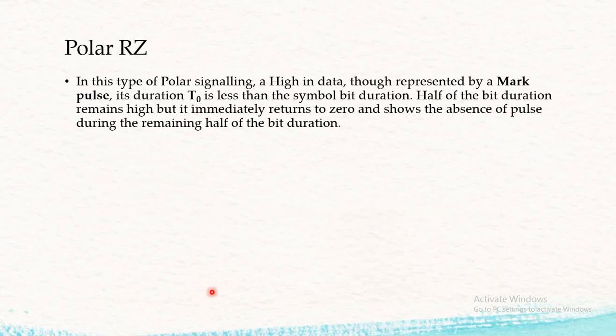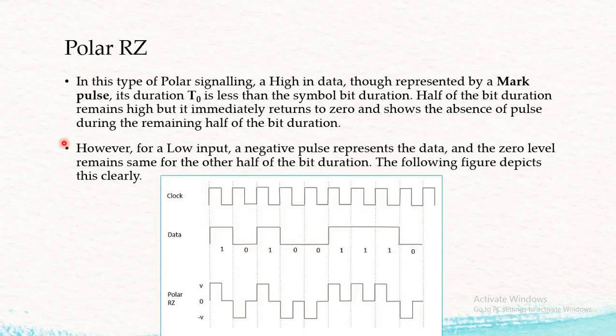Polar RZ. In this type of polar signaling, the high in the data is represented by a mark pulse, its duration is t0 within the bit duration, half of the bit duration remains high, but it immediately returns to 0, showing the absence of the pulse. So for the first half, the signal is positive, and for the next it is a 0 value.